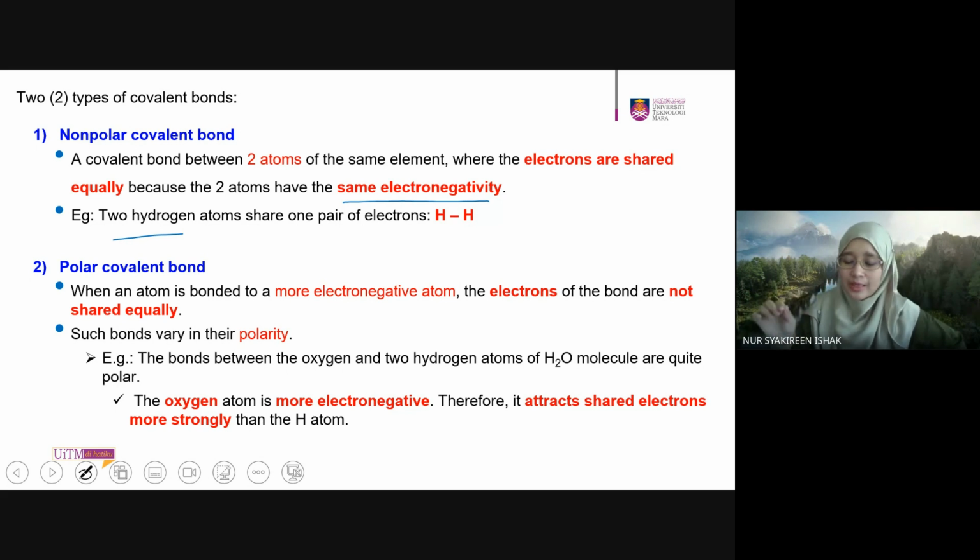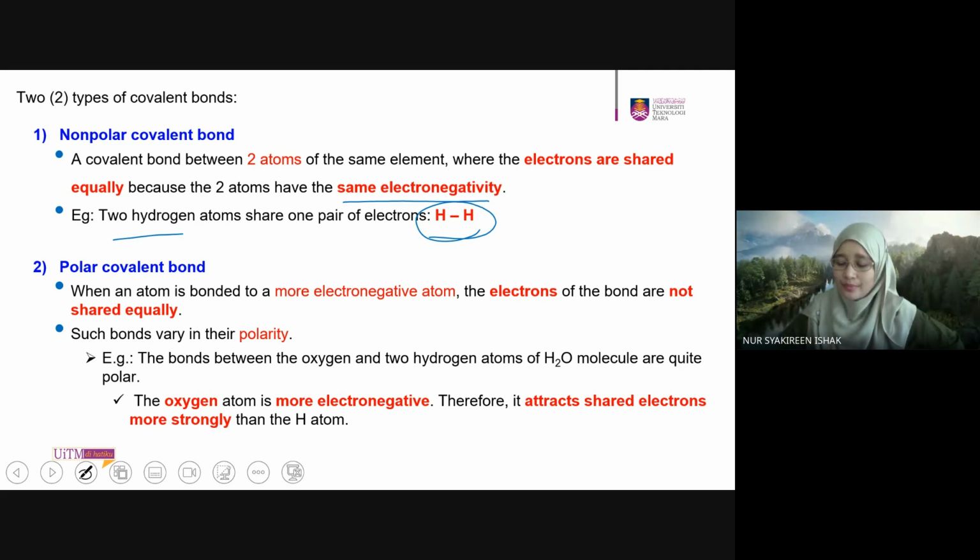It means equal sharing of electrons. For the atoms involved in the formation of a non-polar covalent bond, the molecule has no partial charge. It is a stable molecule.